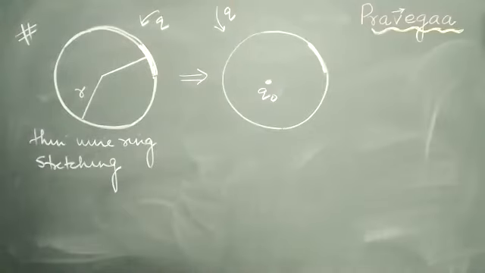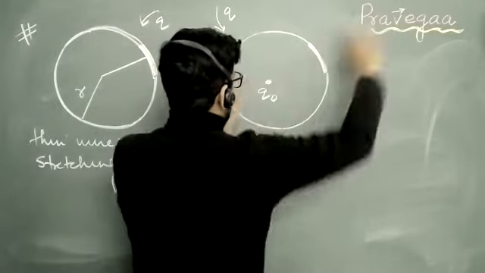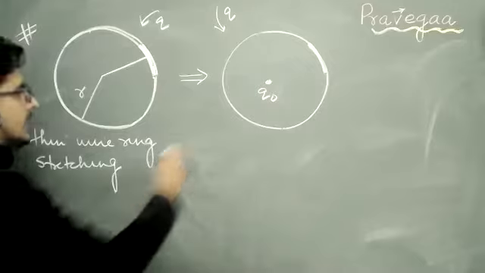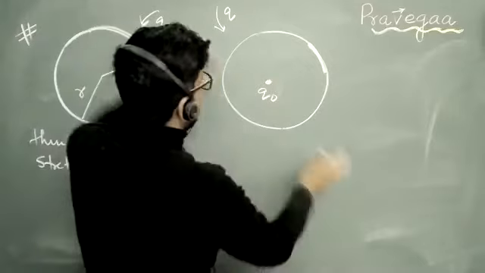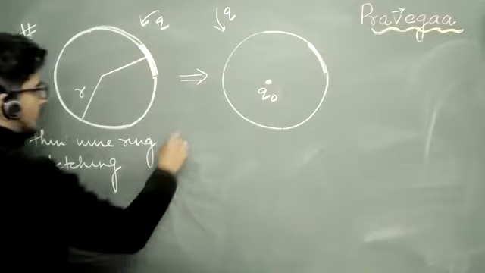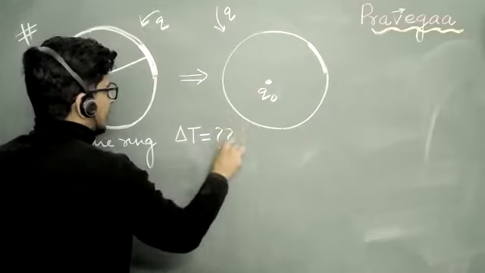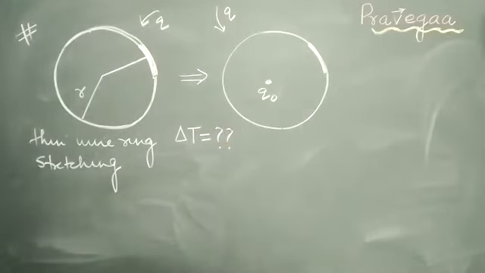Sir, because of the presence of this Q naught charge, again, it will repel it. So again, stretching will increase. I want to know what is that change in the stretch, delta T. Is that okay? Yes, sir.